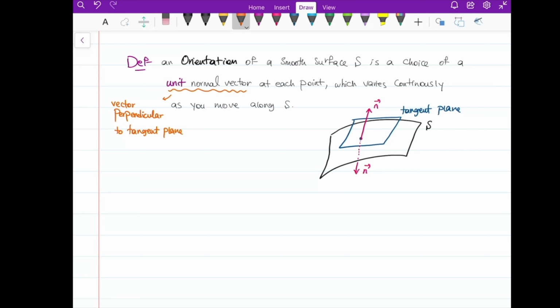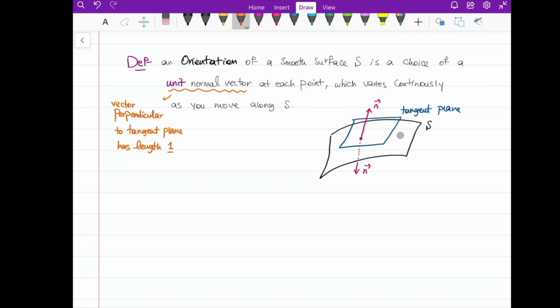At any given point, we have a tangent plane and a normal vector for it, which would be a vector that is perpendicular to that. It's called the normal vector. And we say that it's unique because it has length 1. Okay, so the question is which direction you choose.